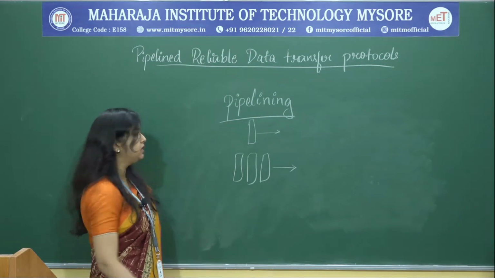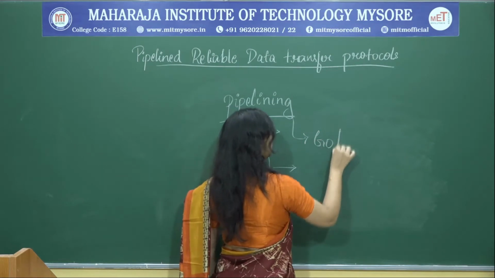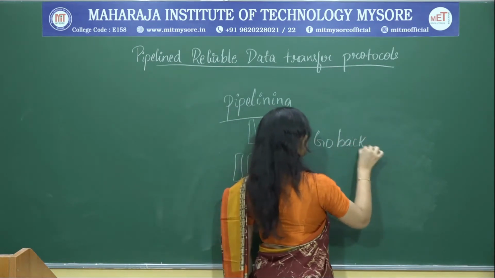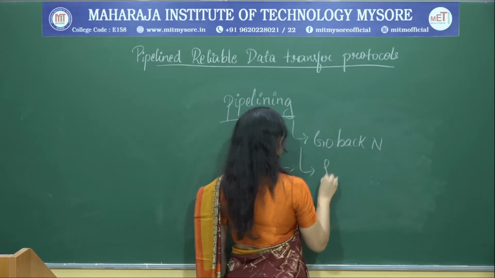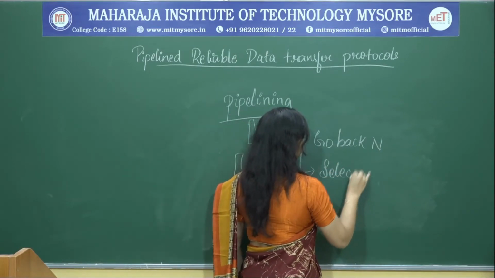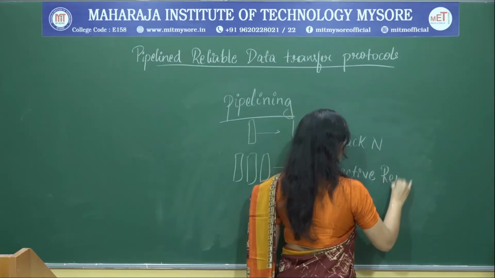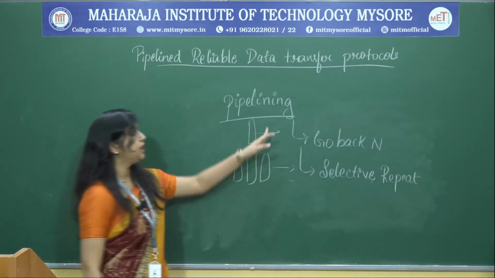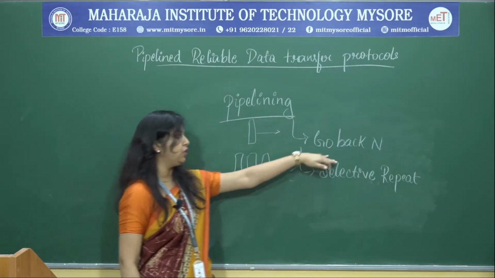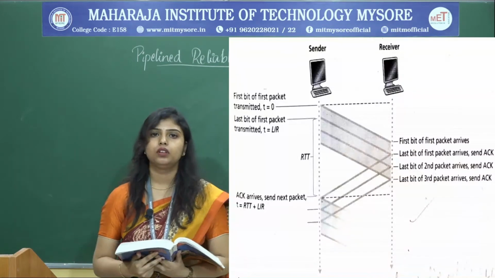This solution has two types: one is go back N, another one is selective repeat. So, pipelining has two methods, go back N and selective repeat.